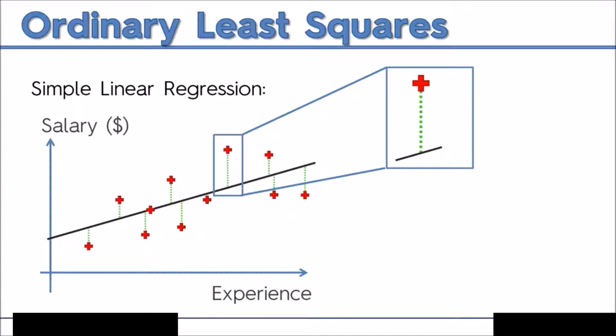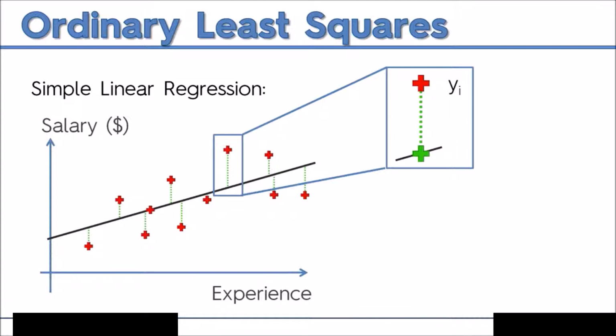Well, the model line, the black line at the bottom, tells us where that person should be sitting according to the model in terms of salary. And according to the model, it should be a bit lower. It should be somewhere where that green cross is, which is about maybe, let's say, $80,000.